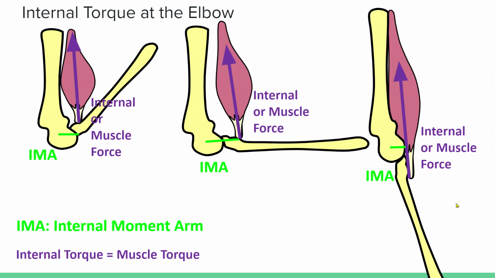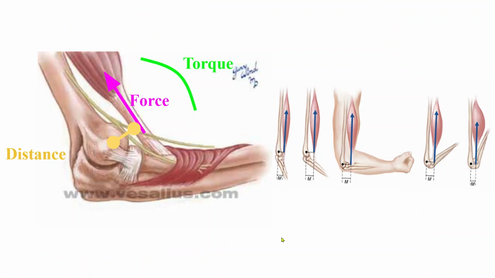And again, you cannot change your internal moment arm because that is based on where your muscle is inserted. And note, the internal moment arm is not the distance from the joint center to the insertion point. It's the distance from the joint center to the line of action of the internal or muscle force. We can see here a little closer.